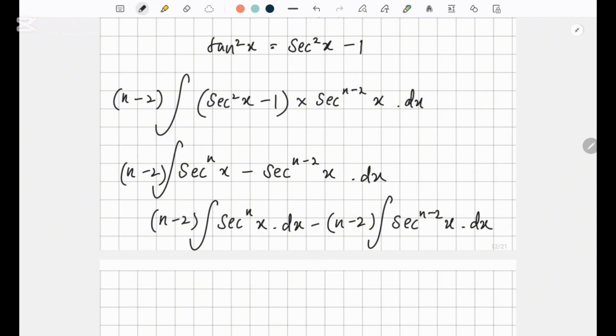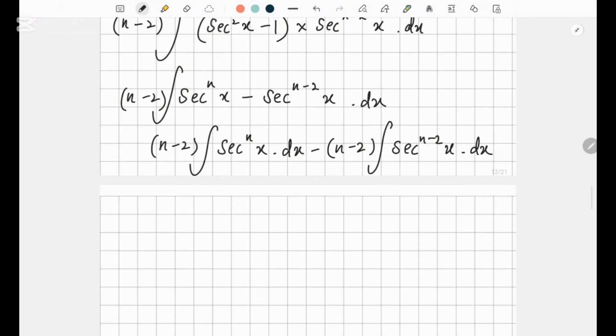This is what we have, right? So we initially had I_n equals the integration of sec x to the power n, right? This is what you had. So if you look carefully on what we got, what would this be?